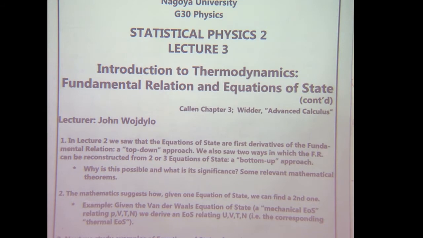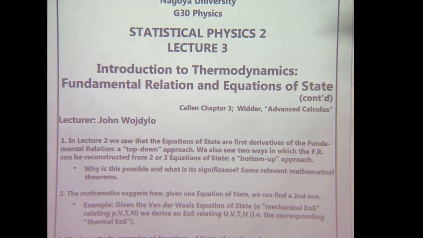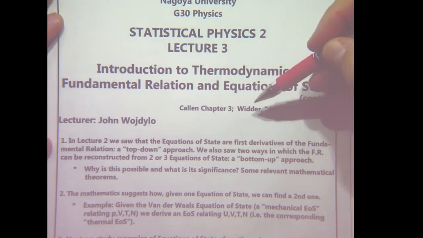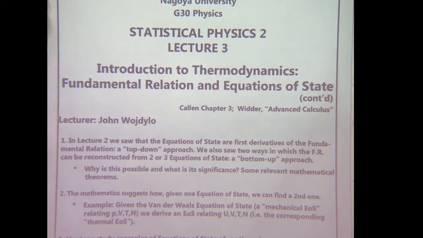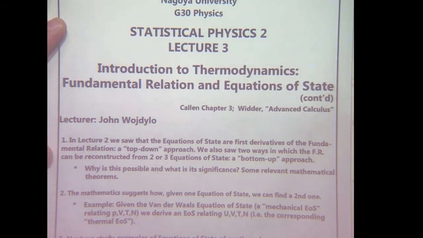There's a little bit from a maths book that I like, Advanced Calculus, by Professor Widder from Harvard University about 30 years ago or something. This book, by the way, is another one of those Dover publications I told you about.